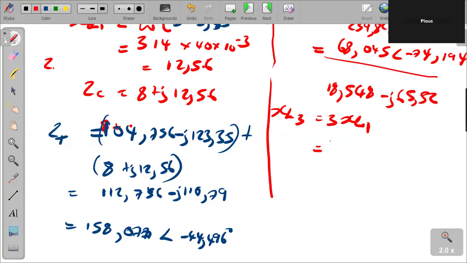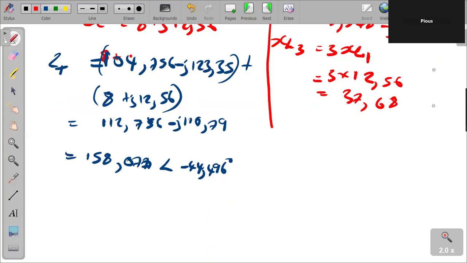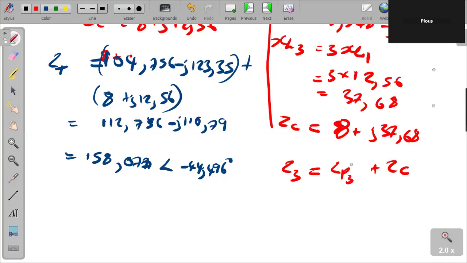So 3 times the reactance that we got for the fundamental, 12.56, gives us 37.68 ohms. So our new ZC is going to be equal to 8 plus j37.68. So Z3 therefore is equal to ZP3 plus ZC.